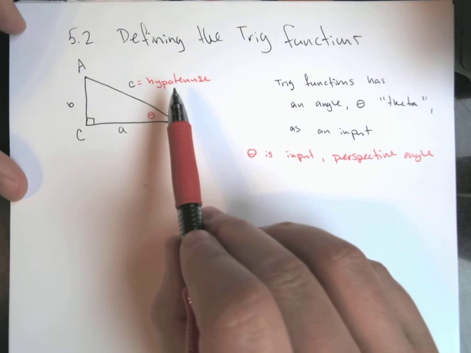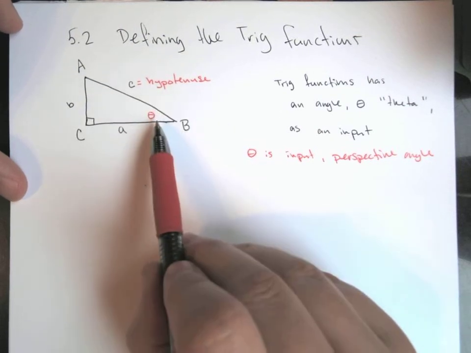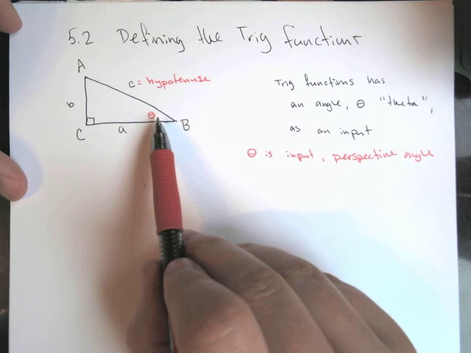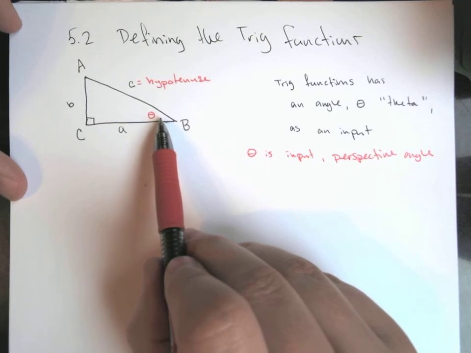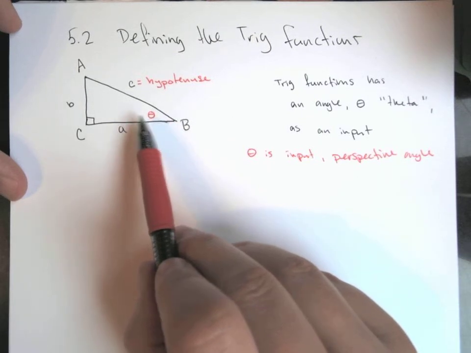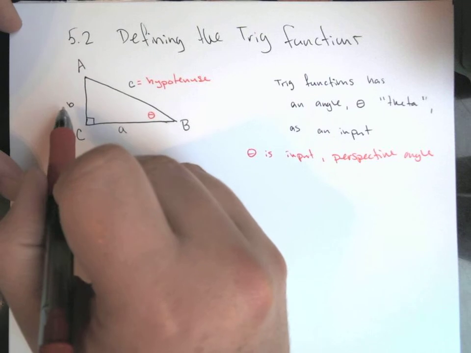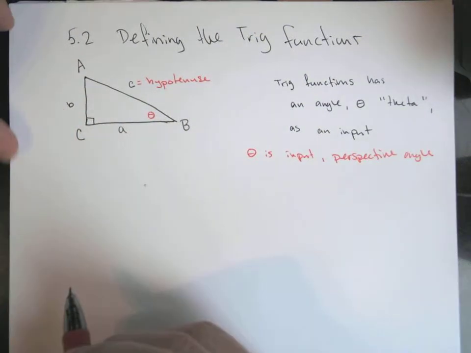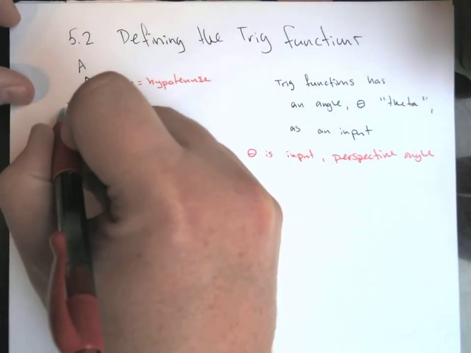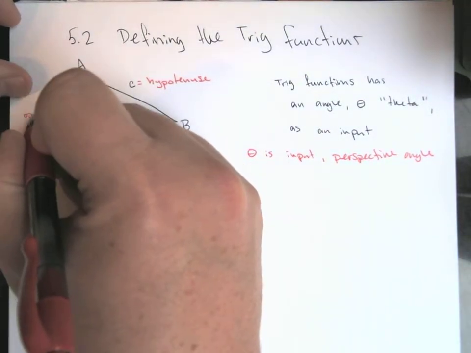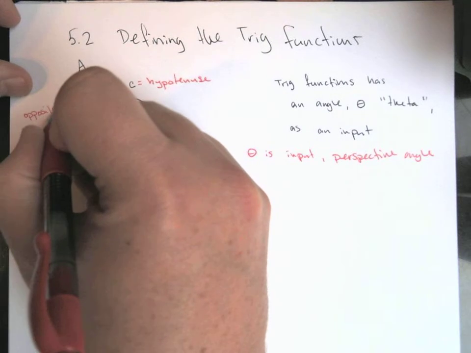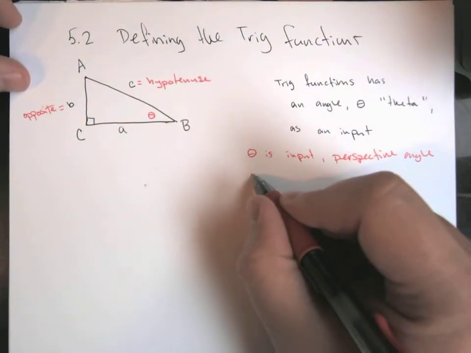It's across from the 90-degree angle. And then based on your perspective angle, the side that's across from that angle, if you were sitting in this corner and looking out across the triangle, the side B, that's what we call the opposite. So the opposite is across from theta.